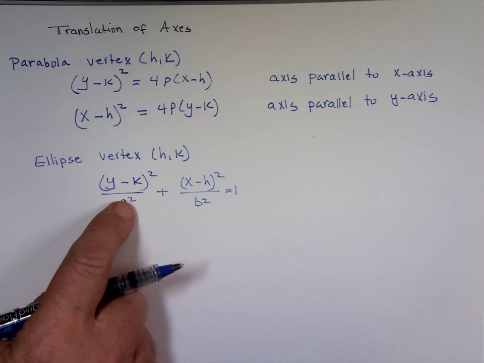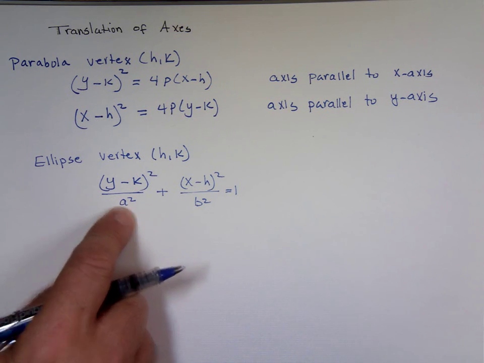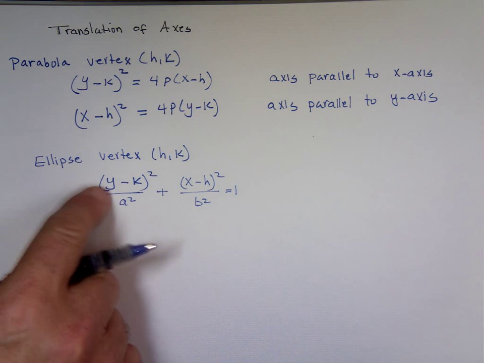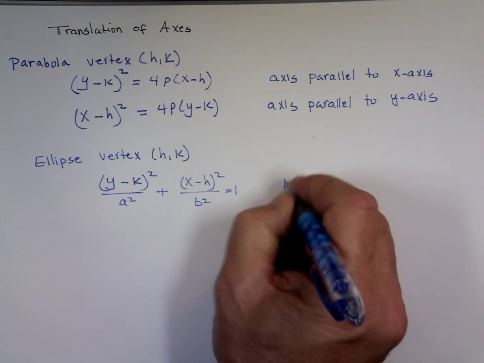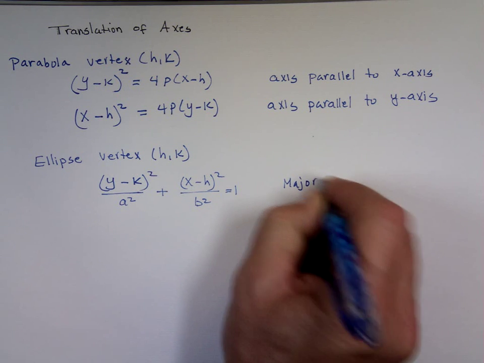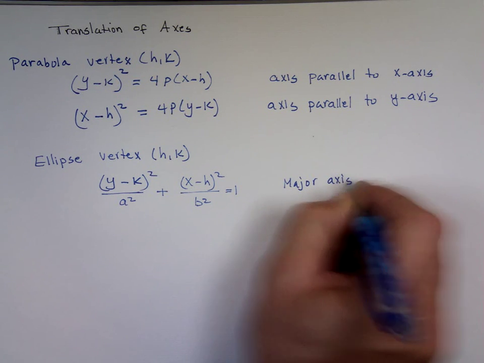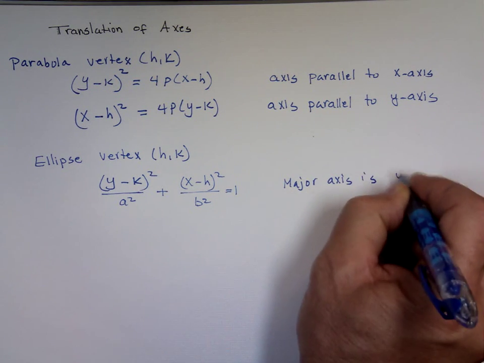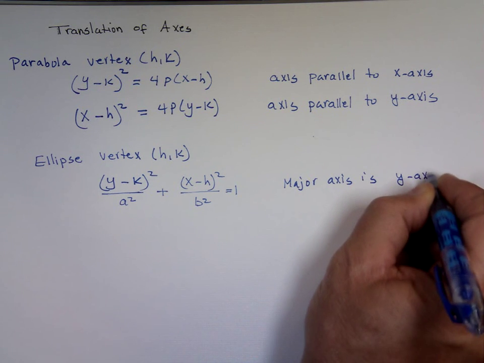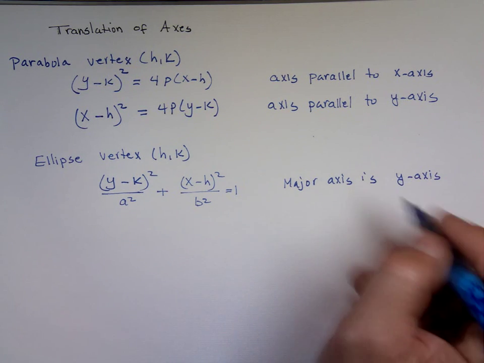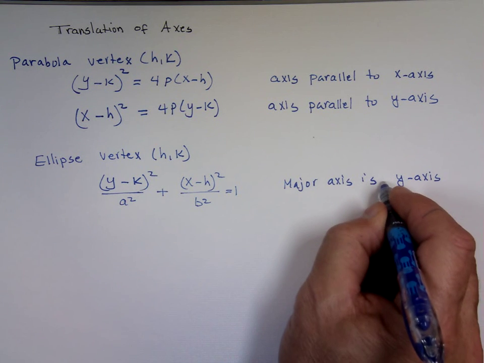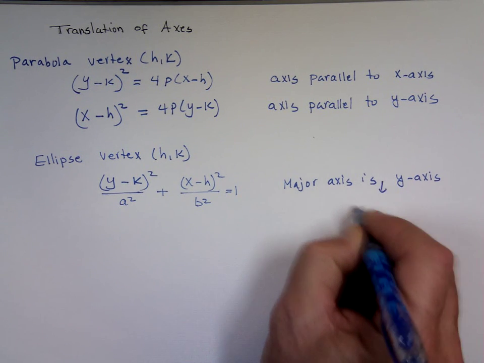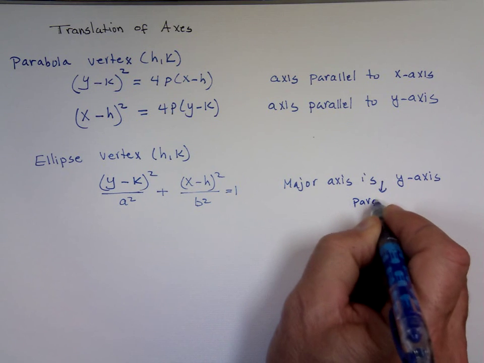If I write it like this, the major axis, the longer side, is going to be which side? The y-axis, right? So the major axis here is parallel to the y-axis. I should say parallel to, because the center is not going to be at (0, 0) anymore.